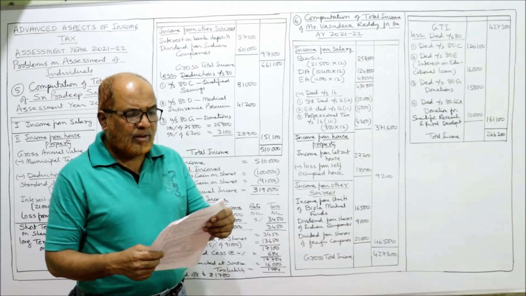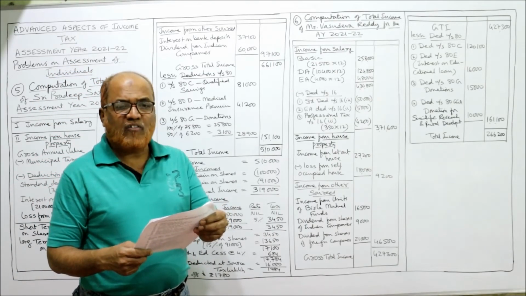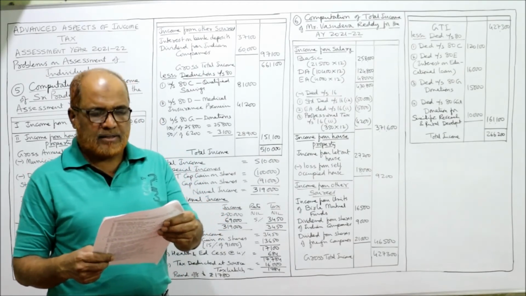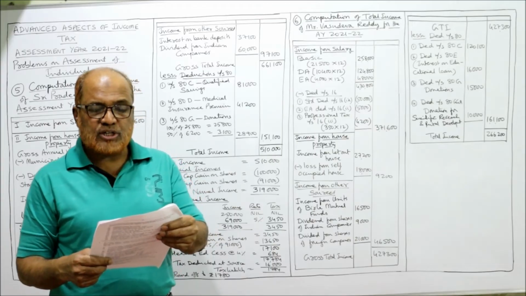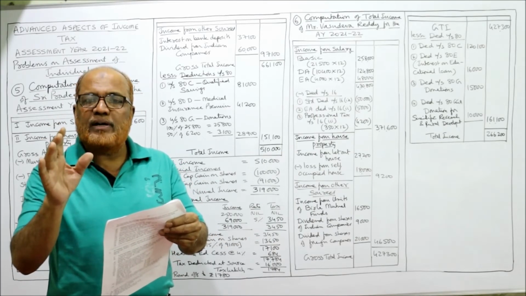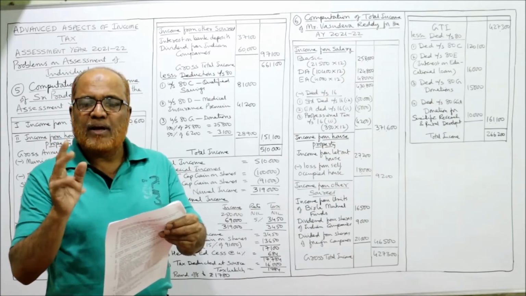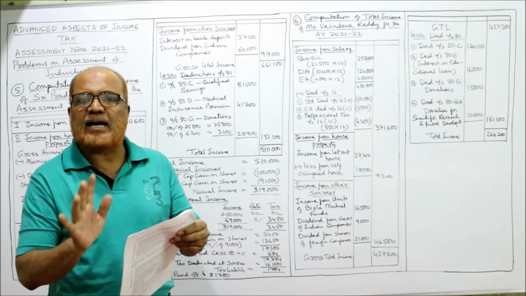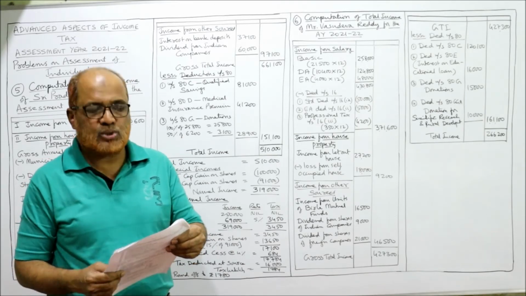Next, income from units of Birla Mutual Fund and dividend from shares of Indian companies, dividend from shares of foreign companies. Remember, income from units of mutual fund is fully taxable, and dividend from any company, Indian company or foreign company, is fully taxable under income from other sources.